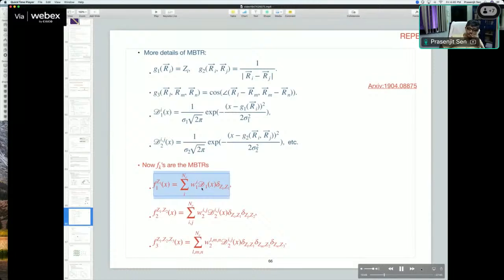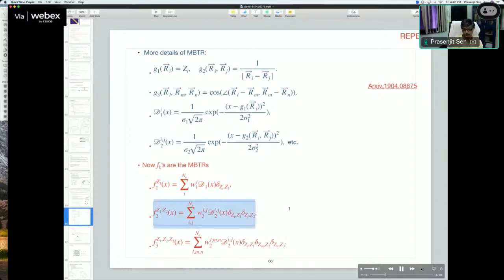We calculate the G1 for all of them, for each one of these Ri's, and then we sum them over, and we discuss these weights. As far as combining D1s is concerned, the weights are all kept as 1. So that gives me one of the MBTR with K equal to 1, the one body motif, and that is called F1, which is a sum over all these D functions.